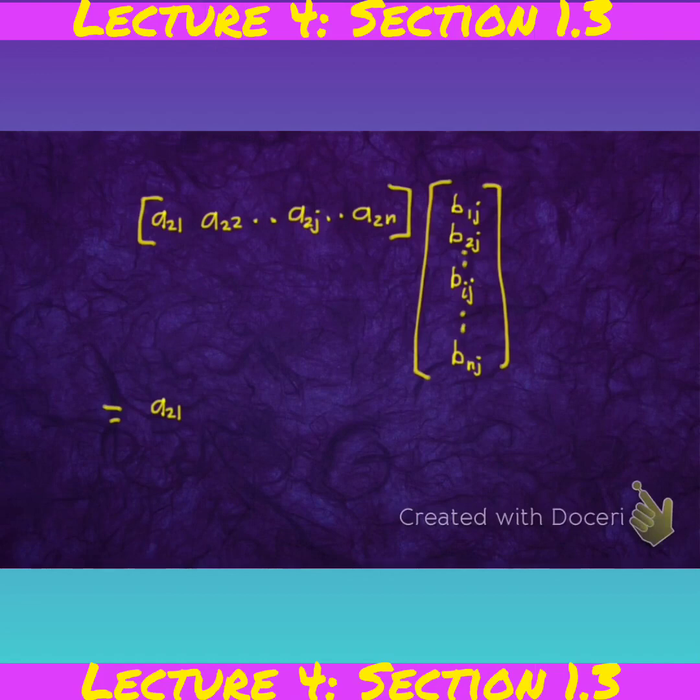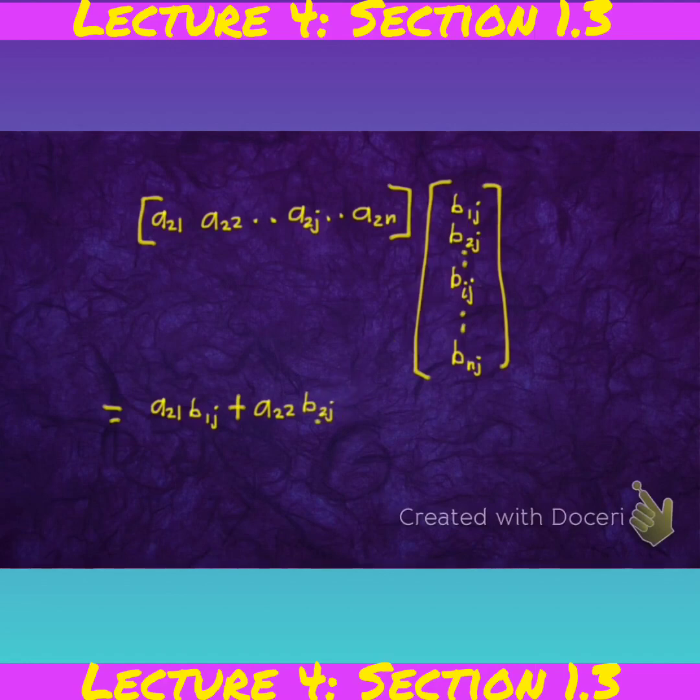Then we're going to add. We take the second entry of the row vector and multiply that with the second entry in the column vector, which is B2j.